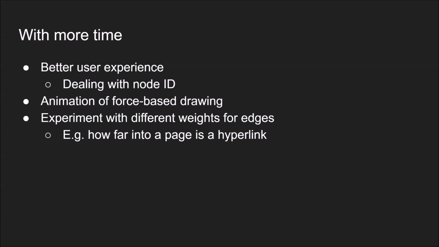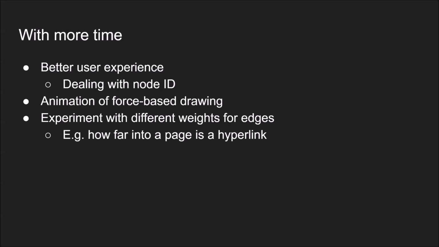And also we would look into animation on the force-based drawing, because that would look pretty cool. And if the simulation is stagnating, we could fine tune the parameters to make the force-based drawing better. And then finally, we would experiment with different weights for edges, because with our data set, there wasn't much that we could look into with the edges.